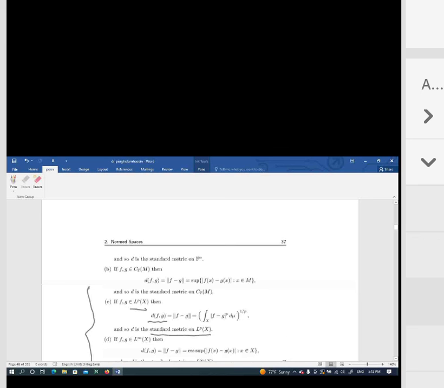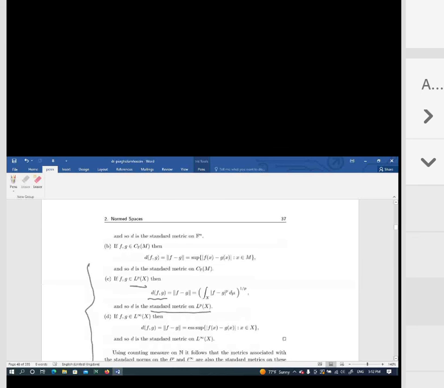And for C(X), when f and g are in C(X), d(f, g) equals the norm of f minus g, which equals the supremum of the absolute value of f(x) minus g(x) over all x.